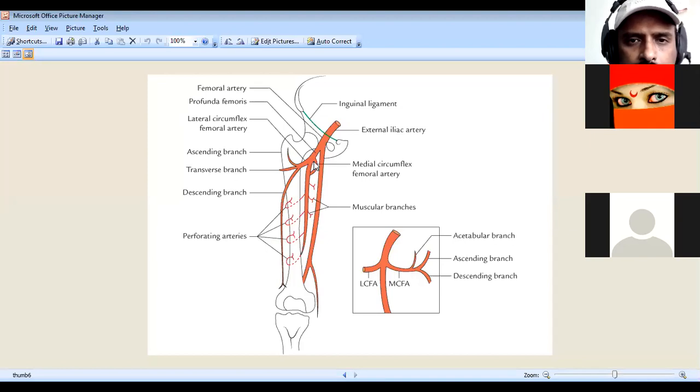That is all you have to remember about the profunda femoris artery. Sometimes this question is asked: write short notes on profunda femoris artery. This is tracing the femoral artery, and the branch going laterally we call the profunda femoris artery.